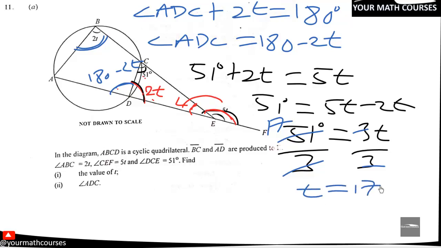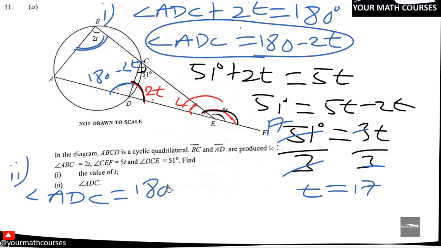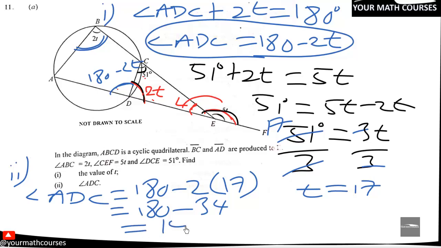If T is 17, angle ADC is equal to 180 minus 2T, which is 180 minus 2 times 17. Then we have 180 minus 34, which is equal to 146 degrees.